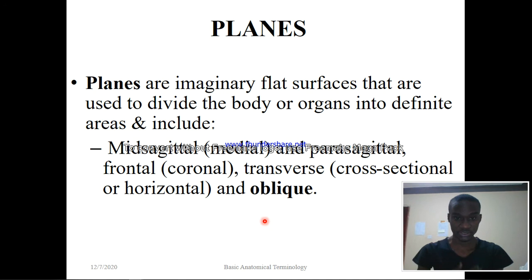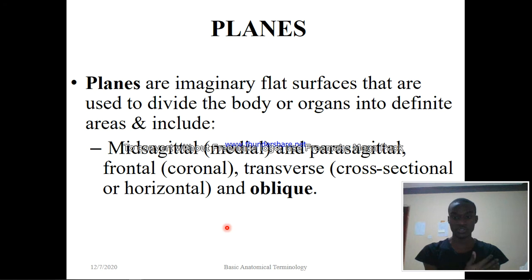What are these terms? The parasagittal is something away from the mid. So here we had the mid-sagittal or the medial plane, which is the vertical plane in the middle of the organism.